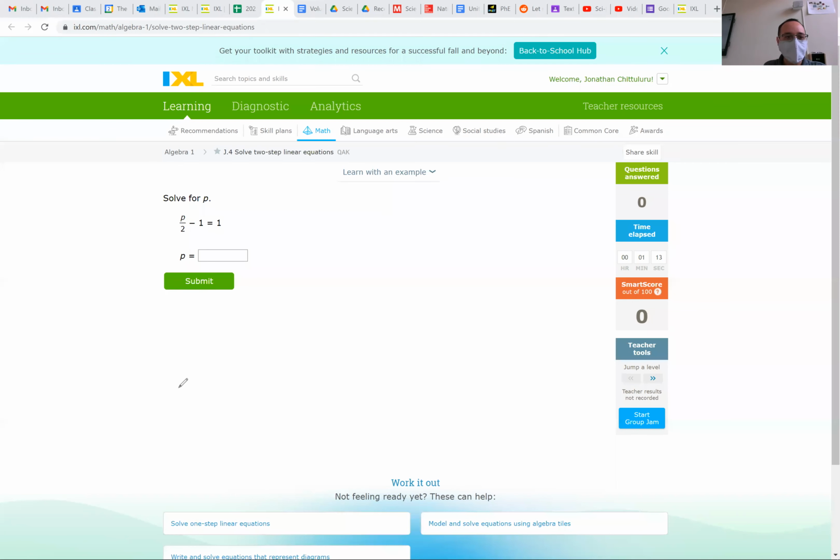So we've got this first problem here. It says p over 2 minus 1 equals 1. Okay, so we're trying to isolate p, right? So we need to undo the things that are going on the left side of the equation. So first off, 1 is being subtracted. Okay, so we're going to have to add 1 to both sides. So if we add 1 to both sides, what we get is p over 2 equals 2.